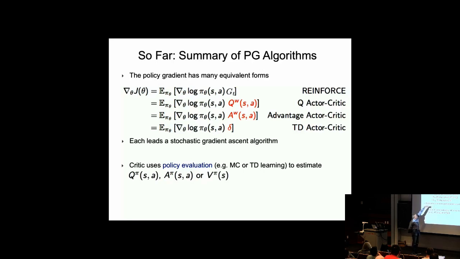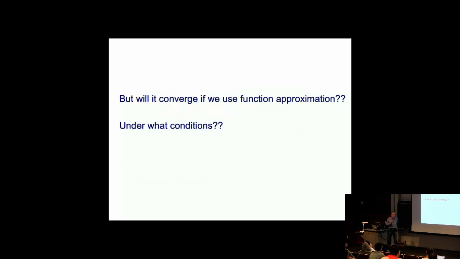And we just saw that we could also substitute the Q function or the advantage function by subtracting out the baseline value, or just using these observed temporal difference errors, deltas. They all give us stochastic gradient ascent algorithms. So now the key question is, will things converge if we use function approximation, and if so, when and how?